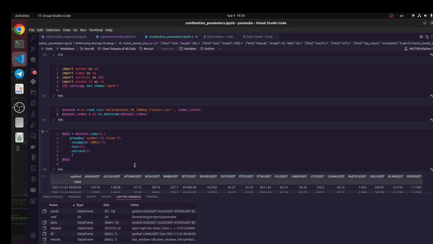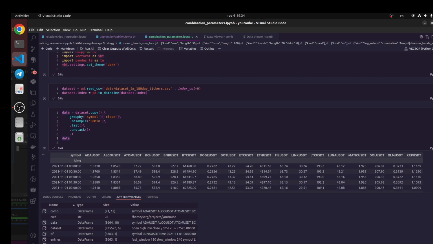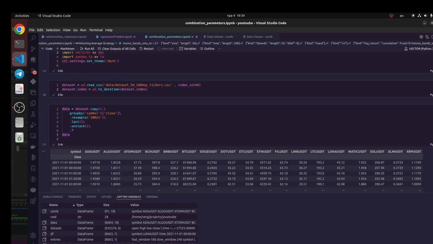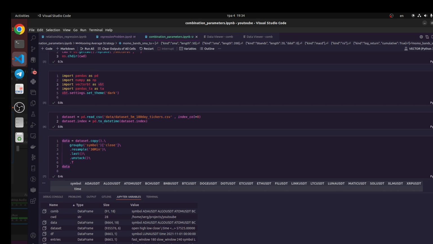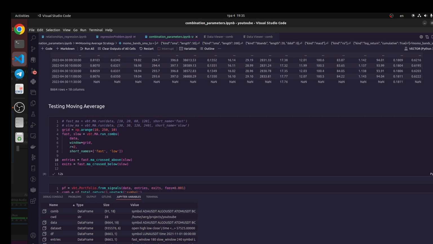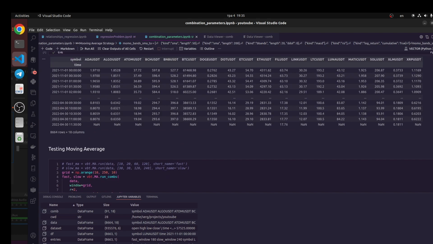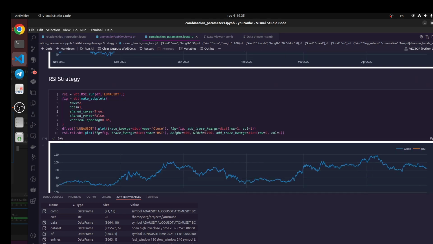Try to explore this strategy. Also, you can add more tickers. You could download them from the dataset class that I created before, and find the best parameters.